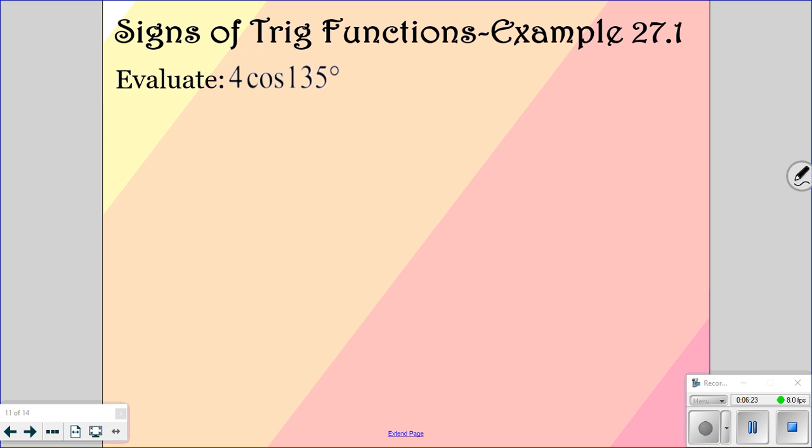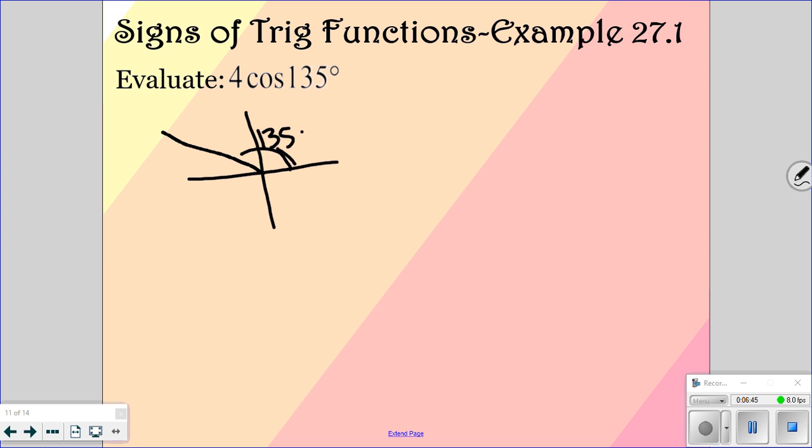All right, so let's look here. We want to evaluate 4 cosine of 135. So the first thing that you're going to have to do is graph it. So you're going to draw your quadrant, and we're going to go to 135. So we start at the positive x and go around until we've gone 135 degrees.